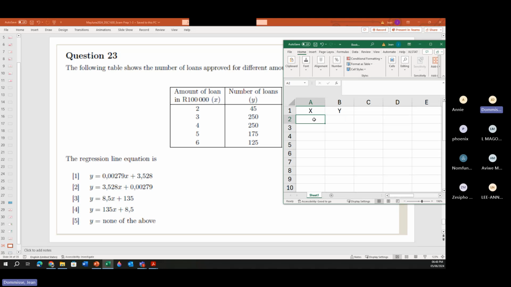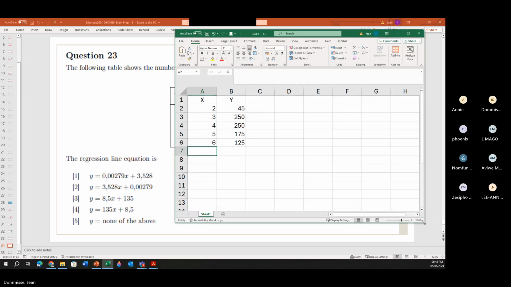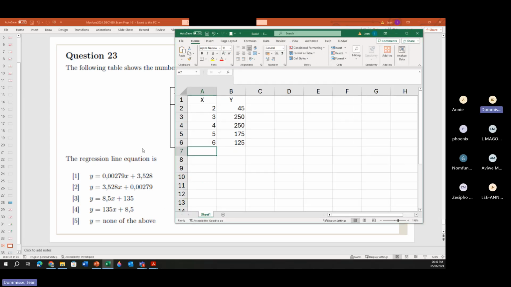Okay, so the first one is the points 2 and 45, 3 and 250, 4 and 250, 5 and 175, 6 and 125. We are not just going to work out the slope and those kinds of things.